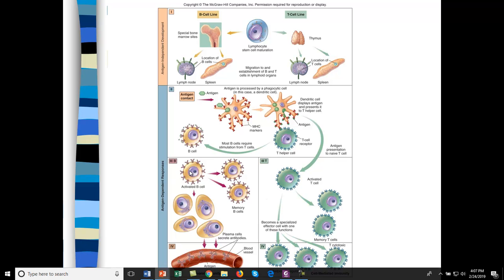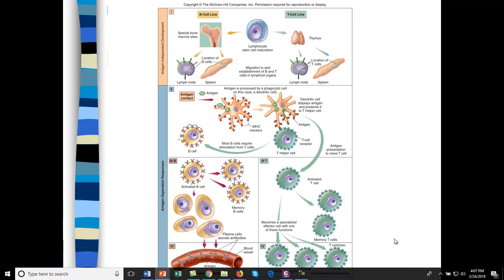Activated B cells will also make plasma cells, and the plasma cells each secrete antibodies. They could secrete different types of antibodies. Antibodies go into the circulatory system, and these antibodies will bind directly to the pathogens. They recognize the antigens, and when they recognize the antigens, they bind the pathogens directly.